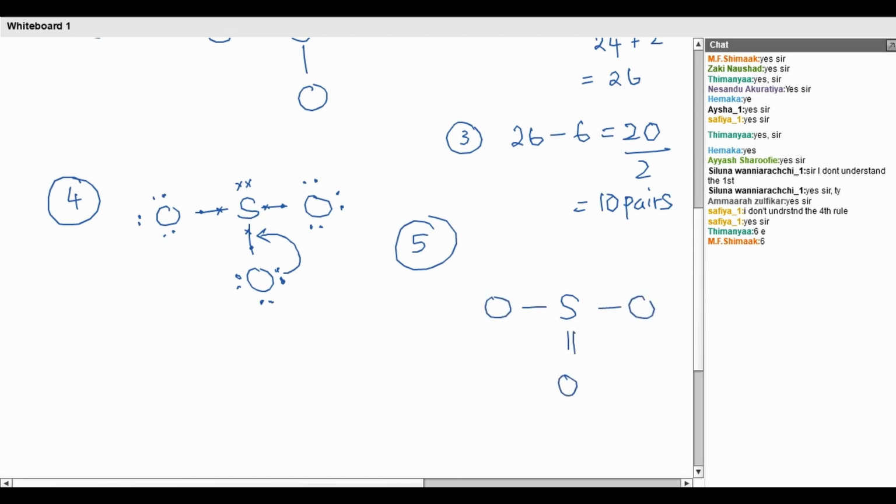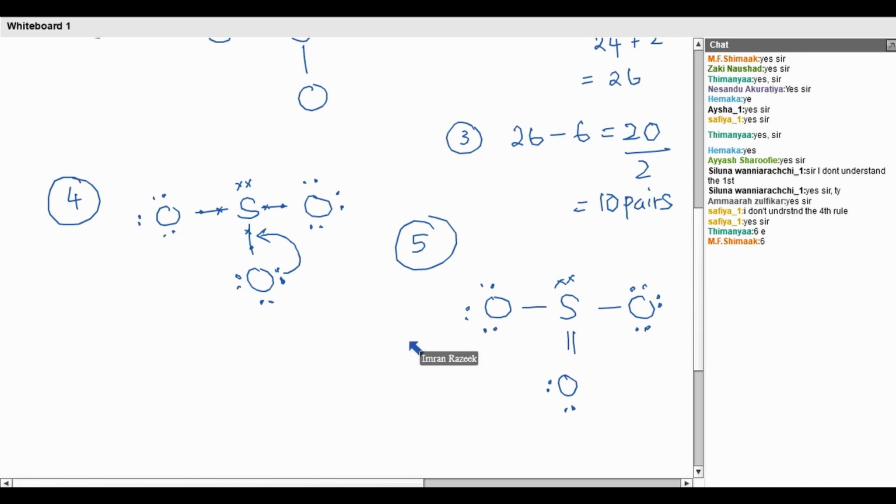Now look, the sulfur has got 6 crosses around it. Each bond is a dot and a cross, so you have 1, 2, 3, 4, 5, 6 crosses around sulfur. Sulfur has its 6 valence electrons.